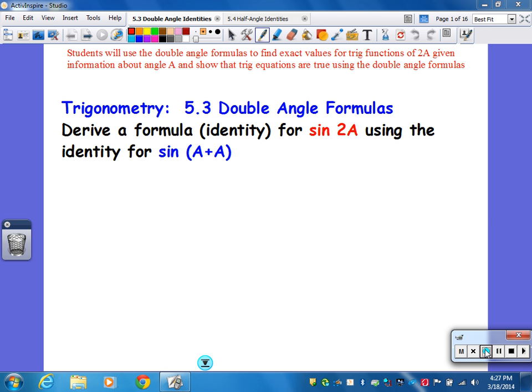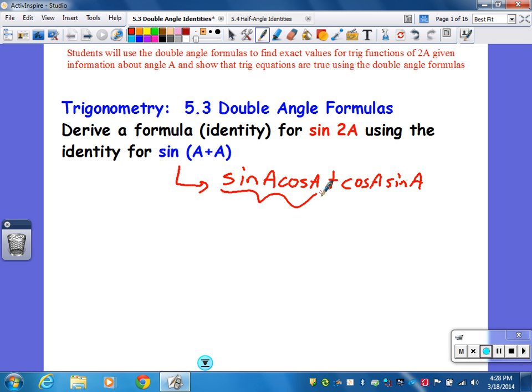The first question we have is we want to derive a formula or the identity for sine 2A using the identity for sine A plus A. Now, we've already seen that sine A plus A is sine A cosine A plus cosine A sine A. Well, right away you can say I have two like terms, right here and right here.